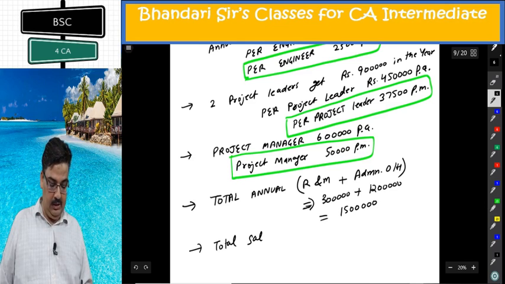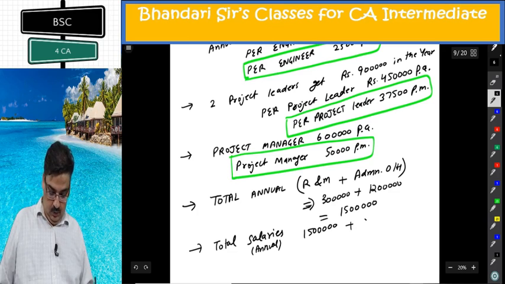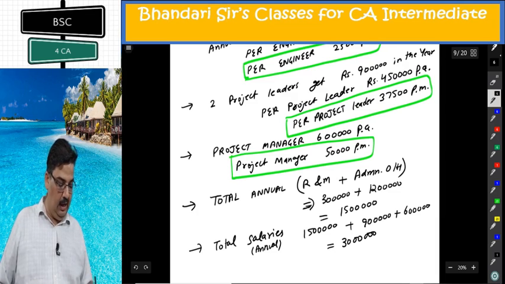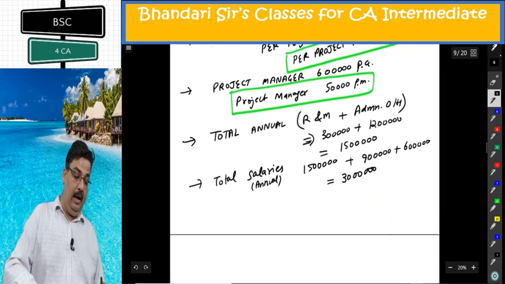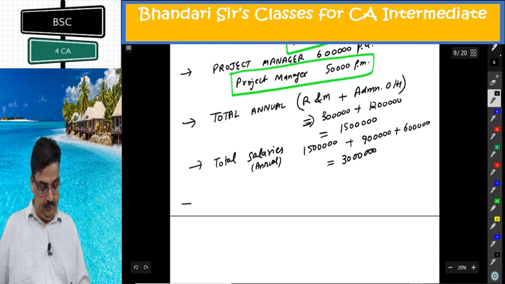Total salaries 15 lakh, this is annual again, plus 9 lakh plus 6 lakh, 30 lakh. Now I can get absorption rate here.